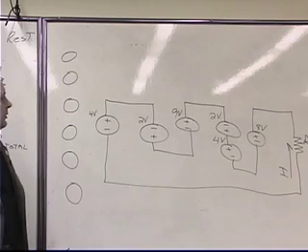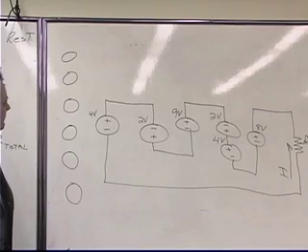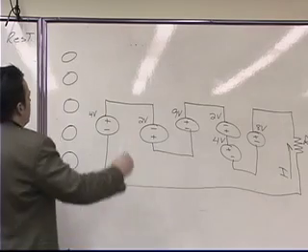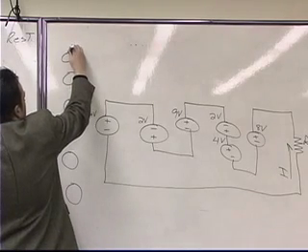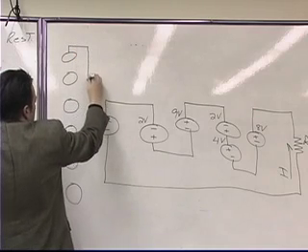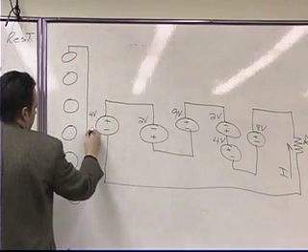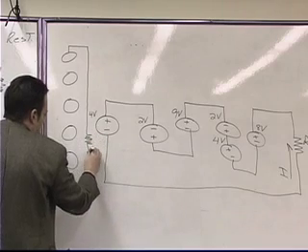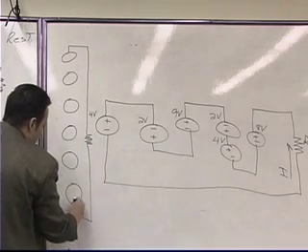Then I'm going to take a lead off of the top battery, bring it down parallel like this, put my resistor right there, and then take it down to the bottom battery.